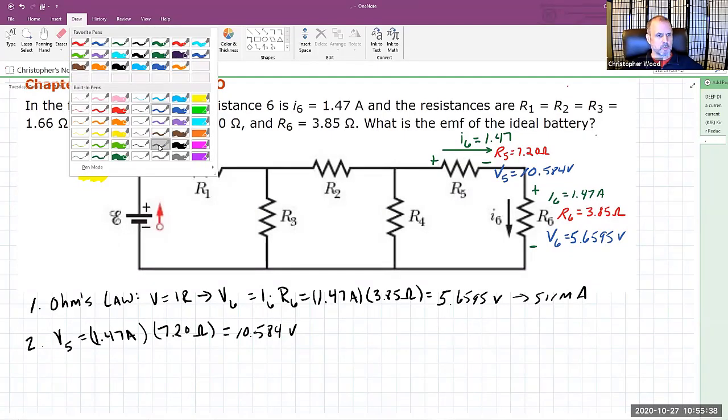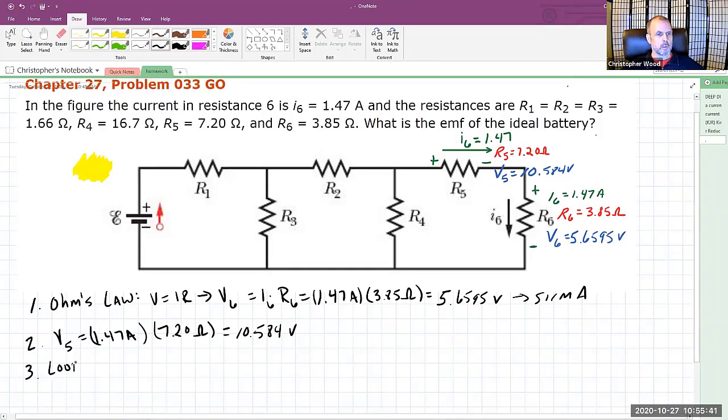Now for the loop rule. Here's Kirchhoff's loop rule. I'm just going to call it loop rule. Loop rule says that whatever the voltage is across R4, my voltage across R4 plus my voltage across R5 plus my voltage across R6, whatever they add up to be, equals 0. And you might be thinking, as I am, that it's just not the convention. But you could say, Chris, shouldn't you say the change in voltage across, and this should be R4.